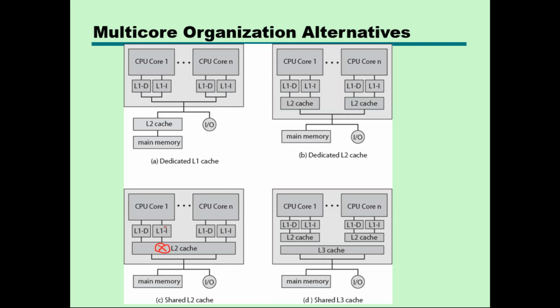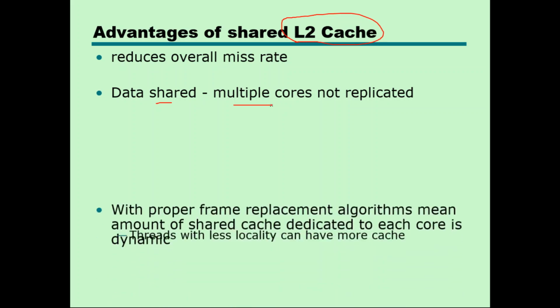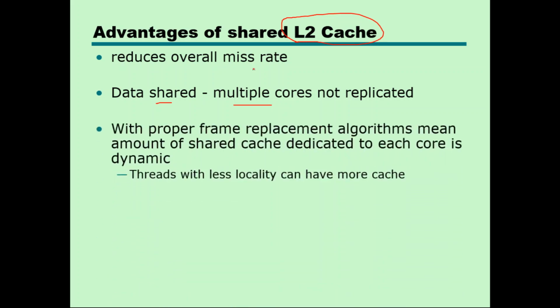If you keep it in L1 cache, then multiple copies must be kept, and that can be avoided by using L2 cache. So you need not replicate the same data on multiple cores. And with proper frame replacement algorithms, the amount of shared cache dedicated to each core is dynamic.